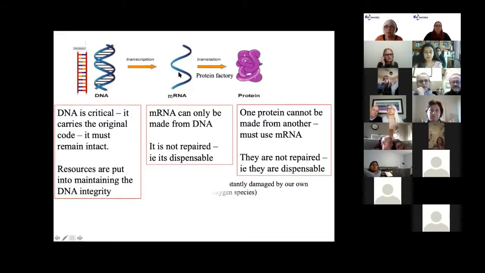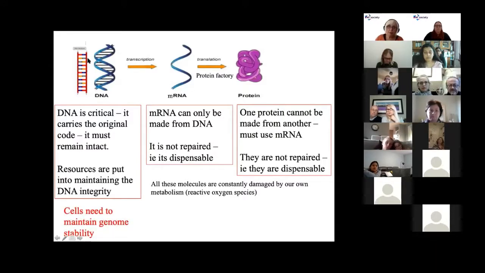And in fact, the cell is quite a dangerous place. All of these molecules are constantly being damaged by our own metabolism, byproducts from our own metabolism. So it's really important that the cell maintains the integrity of the DNA, particularly.